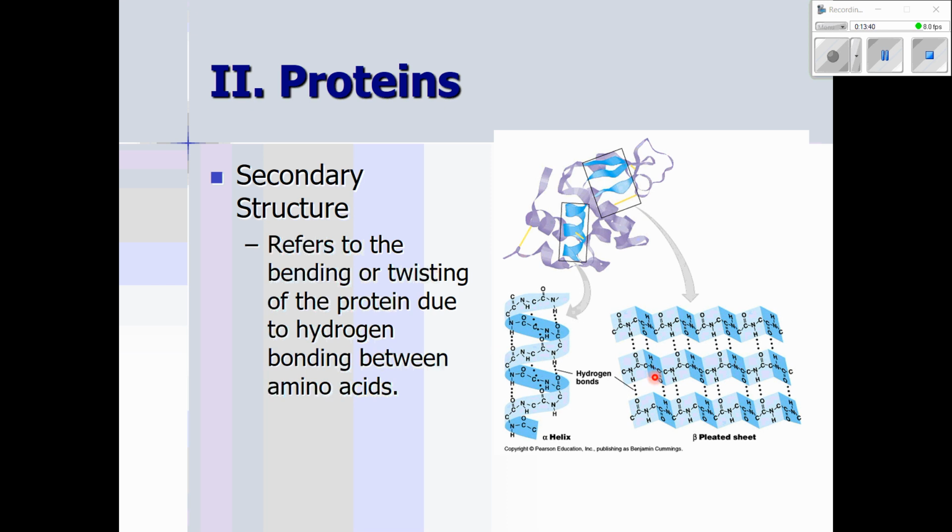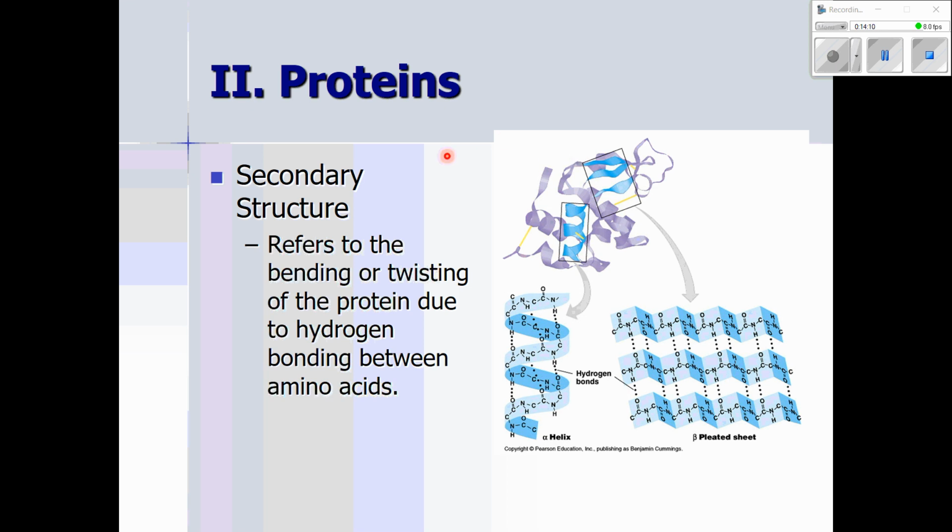And this is a really good picture because not only does it show the secondary structure, which you can see down here, but if you look in the larger zoomed out picture, we can see that the entire protein is folded. So portions of it are twisted, portions of it are pleated, but the entire protein has been folded into a complex three-dimensional shape.